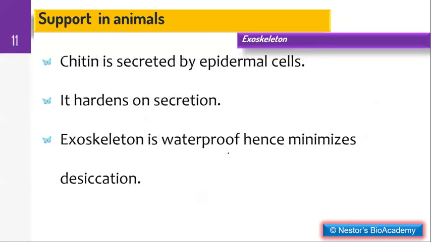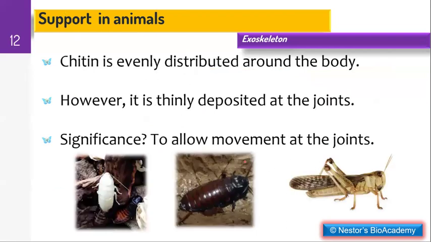This chitin is always secreted by epidermal cells in the bodies of the arthropods, and once it is secreted, it hardens. After hardening, it increases protection to the arthropods. And as we said, it's waterproof, and this makes it very critical in minimizing desiccation or water loss to the organisms.